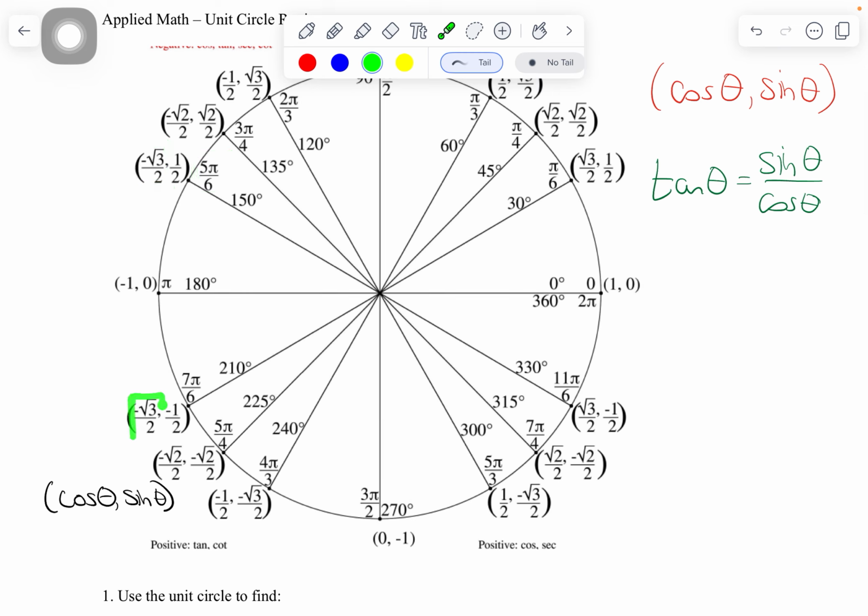Here's another negative root 3 over 2, so 7 pi over 6. And one more positive root 3 over 2 for 11 pi over 6. So pi over 6, 5 pi over 6, 7 pi over 6, and 11 pi over 6 all have either a positive root 3 over 2 or a negative root 3 over 2. I want all of those answers.